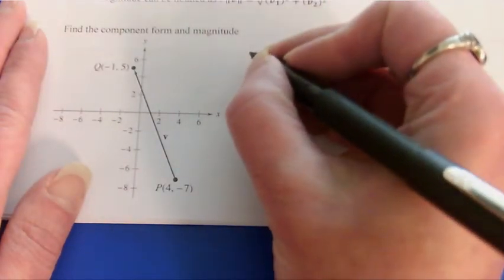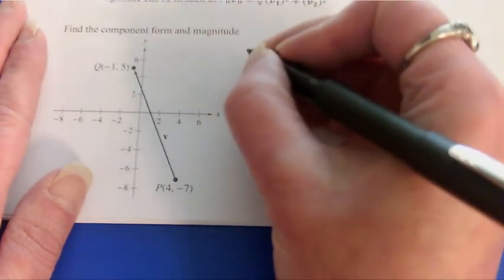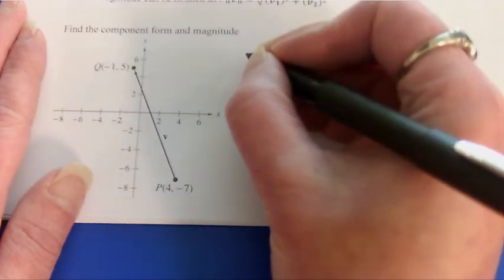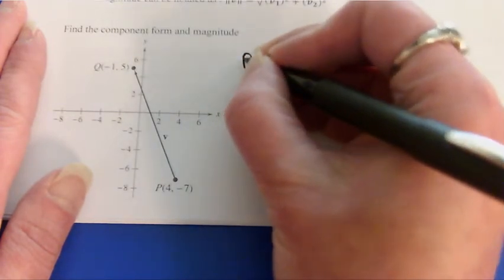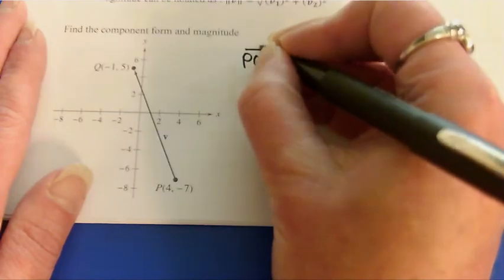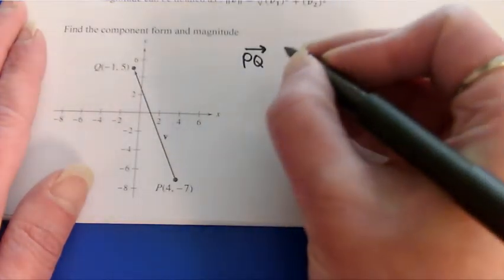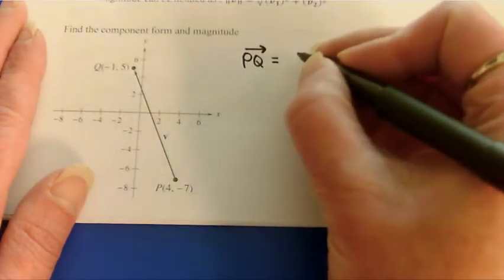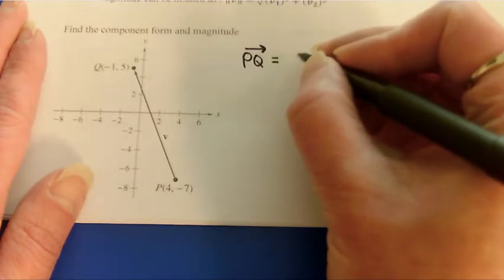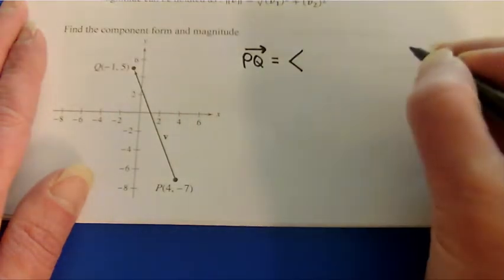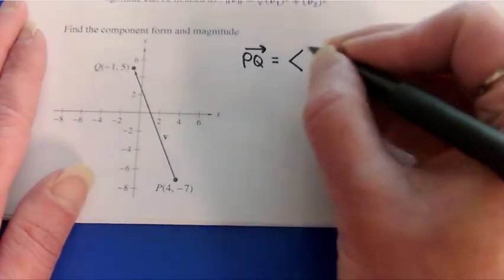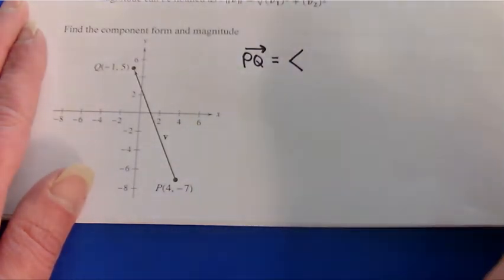I'm going to call that vector going from P to Q. Okay, so PQ is going to be written, as a vector is written, with pointy brackets.